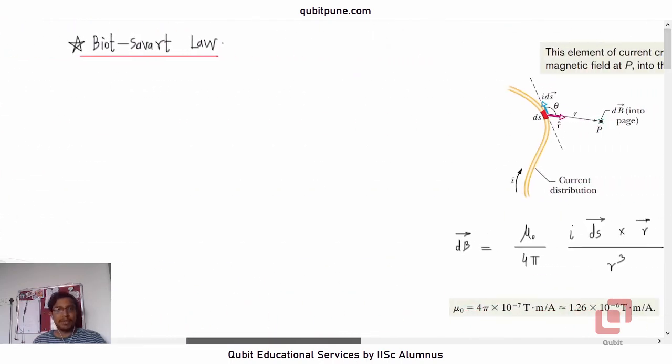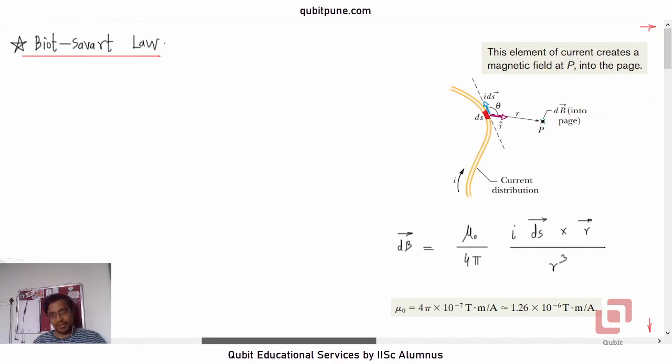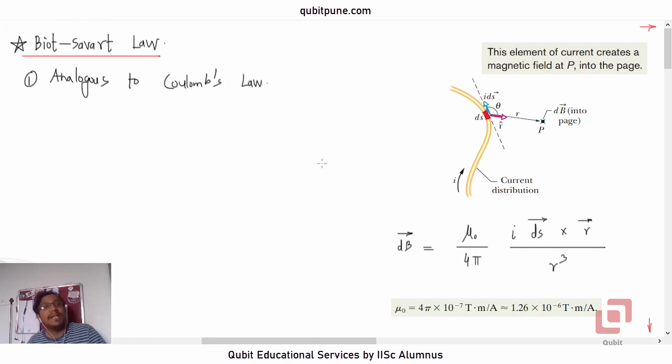Next, Biot-Savart Law. Some few important points before we go to the mathematical expression for Biot-Savart Law. Point 1: this law is analogous to Coulomb's law, whereas the other law of magnetism that we will see later, Ampere's law, is analogous to Gauss law.